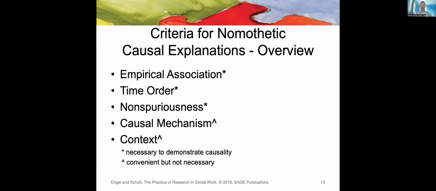And then there has to be some non-spuriousness. So there can't be some other factor coming into the relationship. And so we'll talk more about that. And it really helps if you can identify what precisely is the causal mechanism and the context in which this happens. So those are kind of the five criteria.